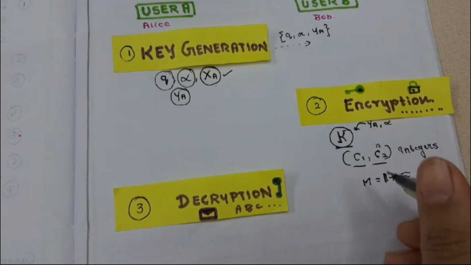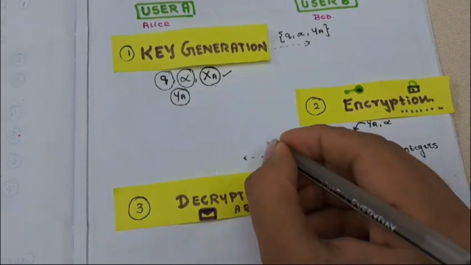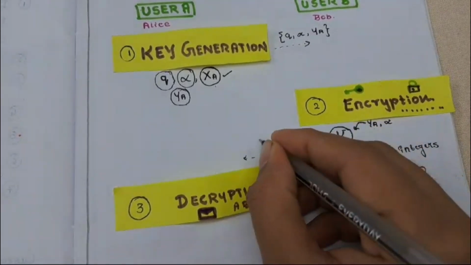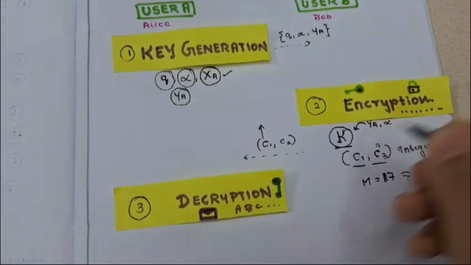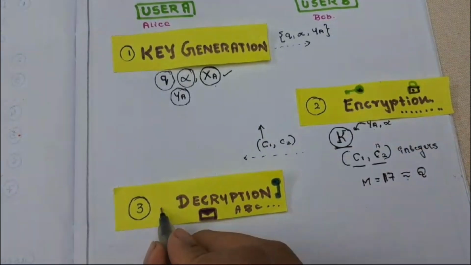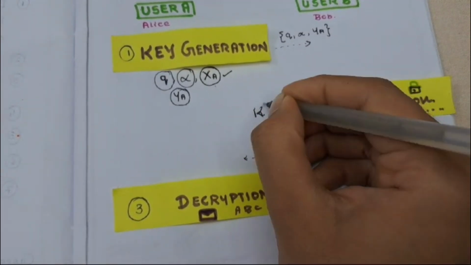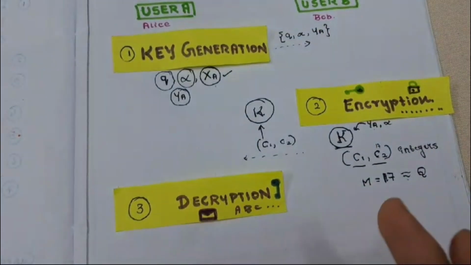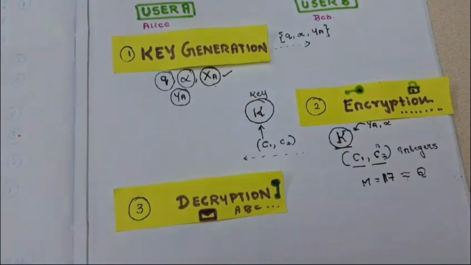Then what happens after encryption? He is going to send C1 and C2. So what is the help of C1 and C2? First, C1 is going to help A to understand what the K is. He is going to send C1, so A is going to decrypt and get the key K, which was generated here.